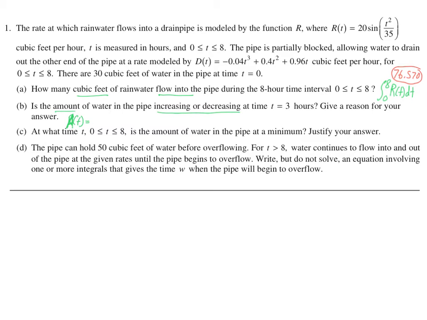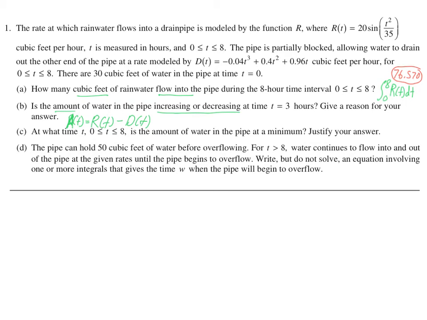The rate of the amount in the pipe, I'm going to call A, it's not really the amount, it's the rate of the amount in the pipe. Isn't that going to be R of t minus D of t? What's coming in minus what's going out. Won't that be how much is in it?